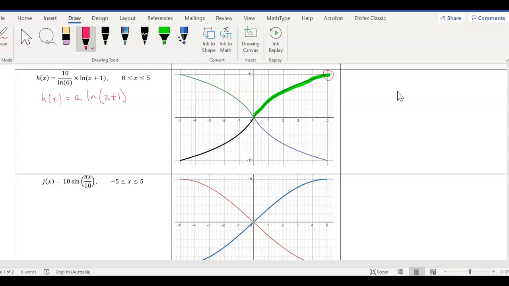From memory, you can't substitute in 0, 0, so I'm going to do 5, 10. a log of 5 plus 1 equals 10, a log 6. All right, and then just dividing both sides by that log. So that's how we get a equals 10 over log 6.